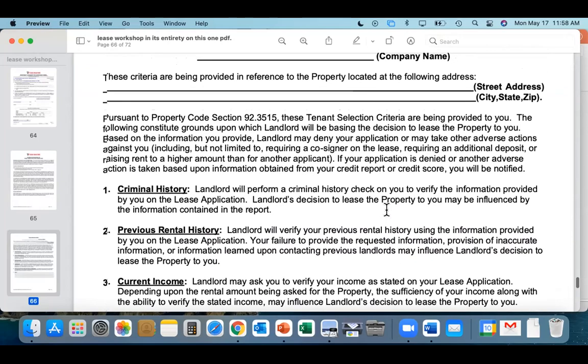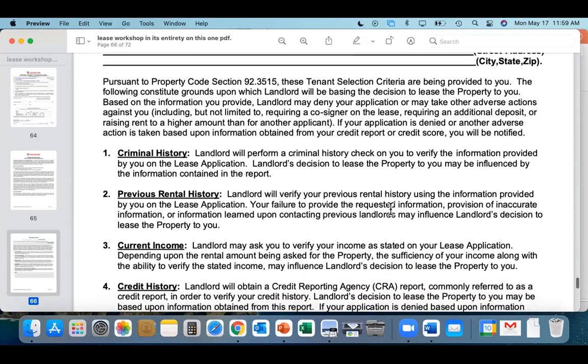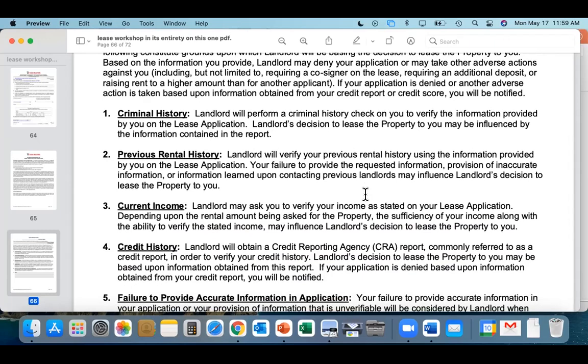And it just simply lets the tenant know that the landlord has a plan. He's going to use some criteria to be able to select who he wants renting his house. And of course, we're going to abide by fair housing. But it lets the tenant know that the landlord wants to check out criminal history.